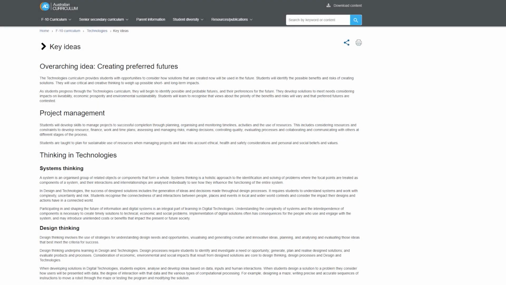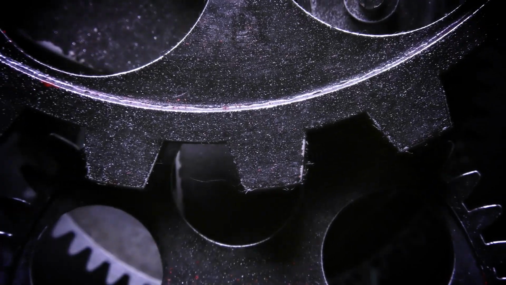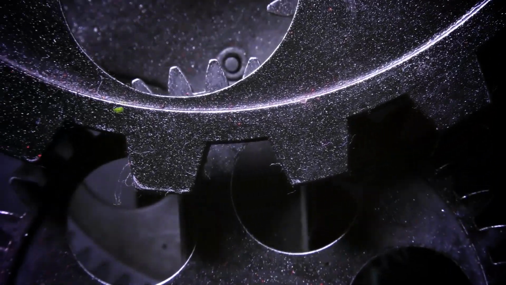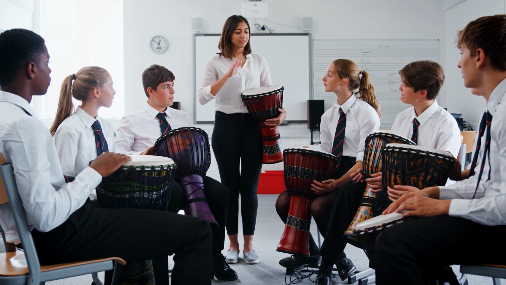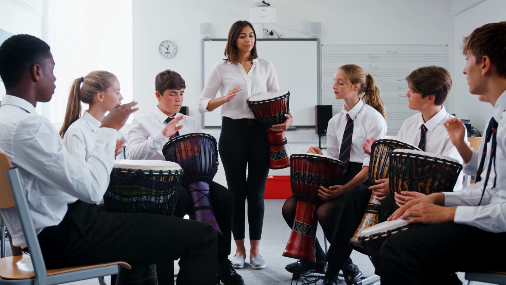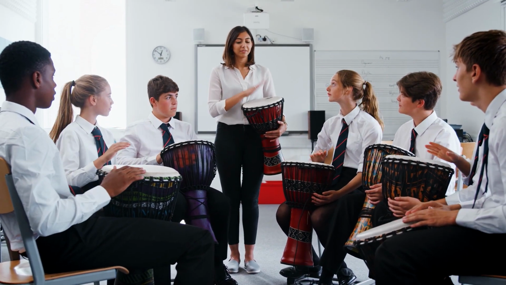According to Akara, a system is an organised group of related objects or components that form a whole. Systems thinking is a holistic approach to the identification and solving of problems where the focal points are treated as components of a system and their interactions and interrelationships are analysed individually to see how they influence the functioning of the entire system. It requires students to understand systems and work with complexity, uncertainty and risk.